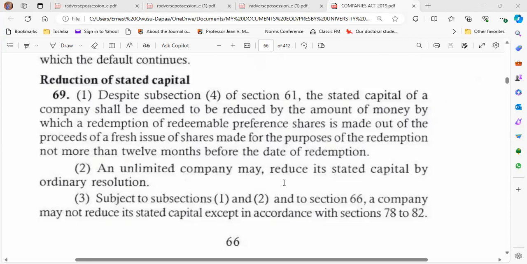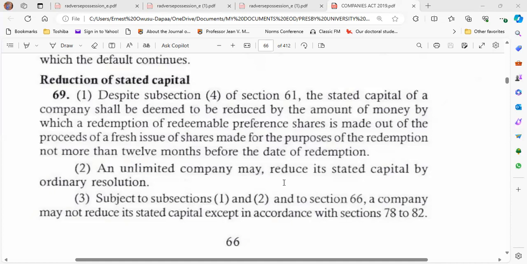Yes, so we know the stated capital, and we also know the rigid rules which have been put together in order to police and protect the stated capital from being unnecessarily depleted.